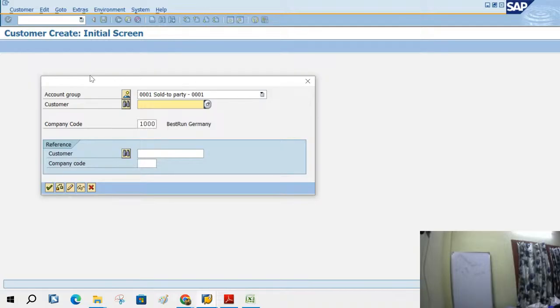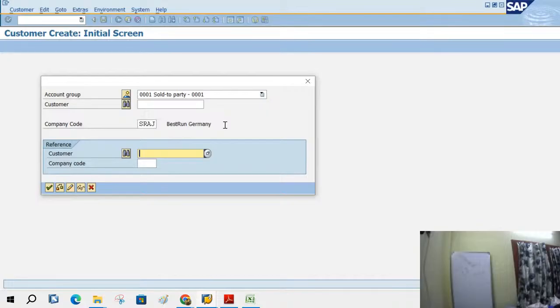In that account group, you have already taken care in your VD01 consultant work. Customer number, number ranges, also you have taken care. What is the new thing which you have to enter? You have to create your company code. Yes or no? So what is the first thing which you are going to write? Write down customer create part 1, customer create initial screen consultant work.